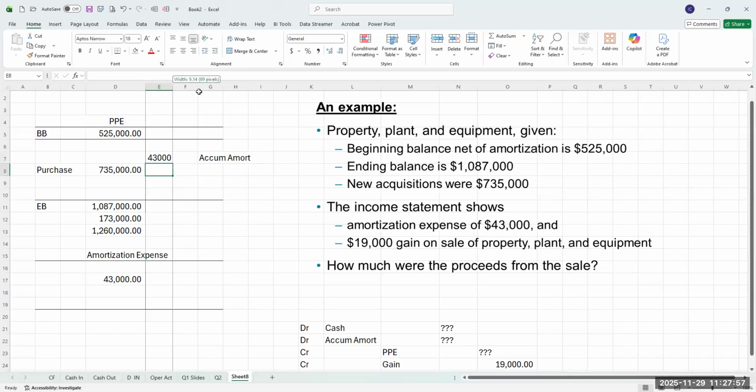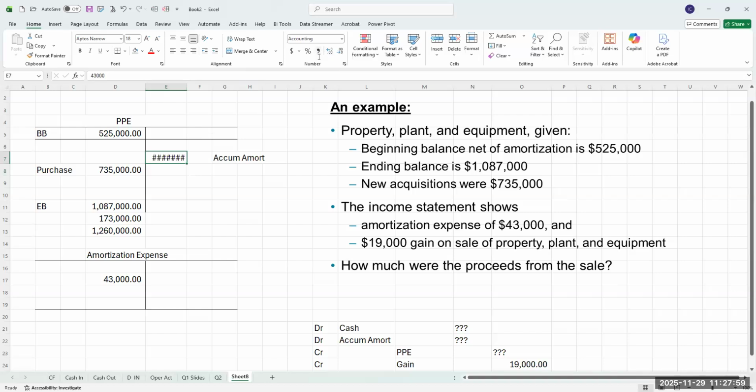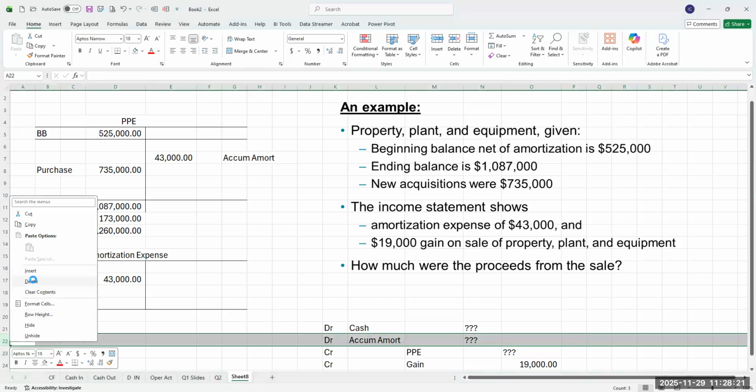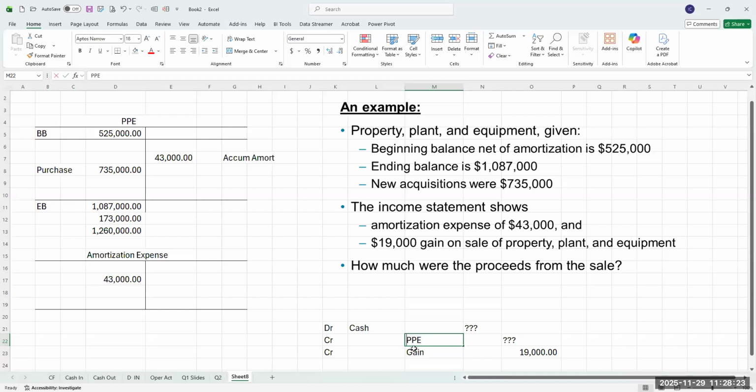Okay, so if I have $43,000 of accumulated amortization, and that's directly included in my calculation for the net assets, what will be the cost of the property, plant, and equipment with accumulated amortization included inside? So in this case, with this journal entry, I don't have to work with this. I can eliminate this and net. I can put here property, plant, and equipment net of amortization.